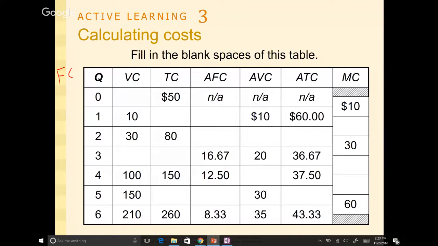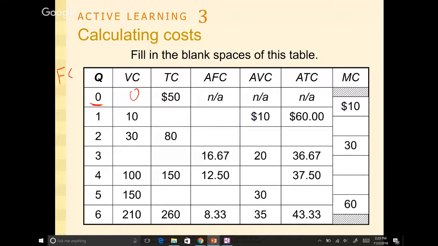To find the fixed cost, let's look at the first output over here. When the company is producing zero output, remember, variable cost depends on how much you produce. The more you produce, the more variable cost you pay, and if you don't produce anything, you don't need any variable cost. So when production is zero, your variable cost is zero.